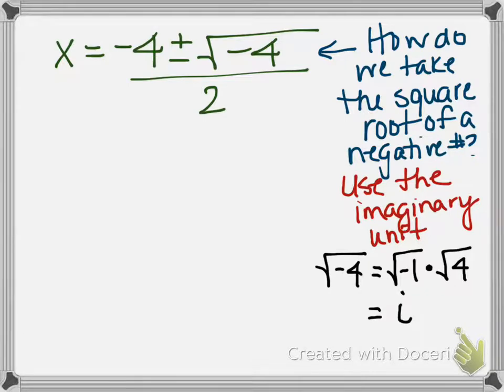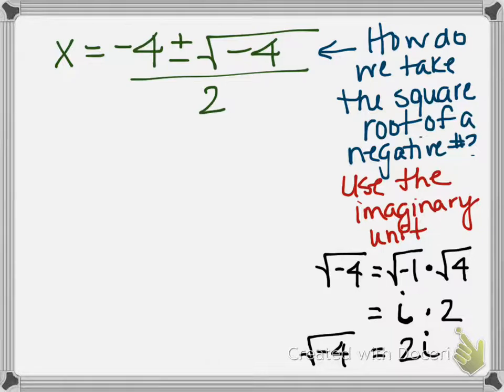Notice I put the little lip on it on the bottom so that it doesn't look like a 1. So it's i, and we know the square root of 4 is 2. So we have i times 2, and just like x times 2 is written 2x, i times 2 is 2i. So the square root of negative 4 is equal to 2i. A little strange, I know, but just go with me, okay?